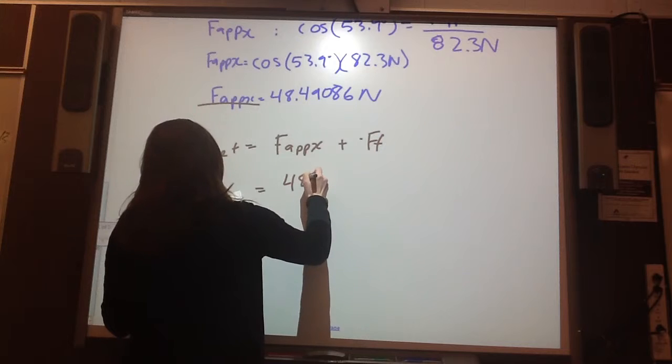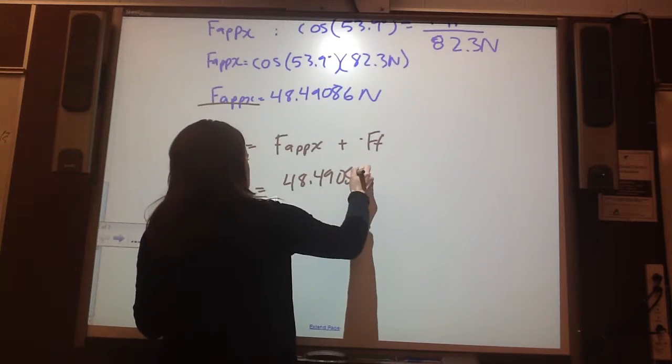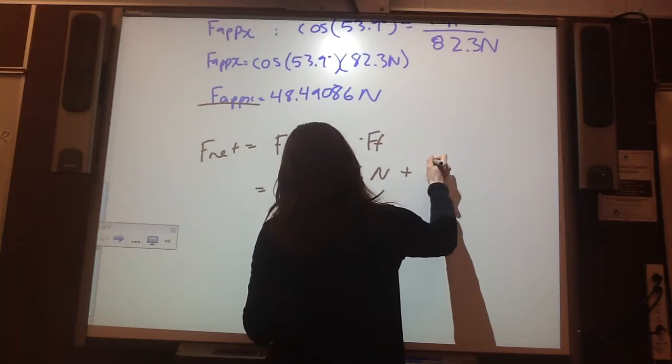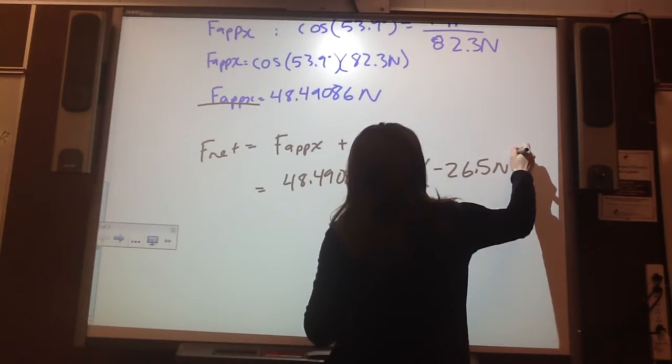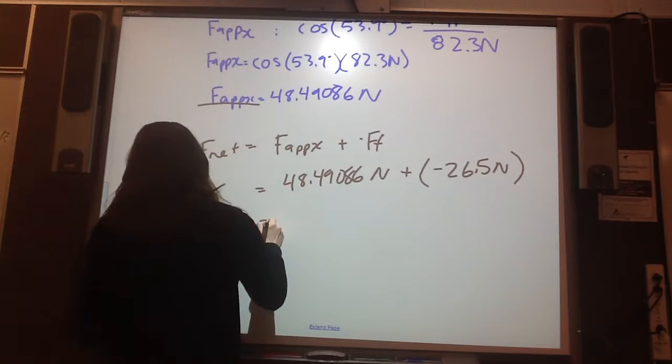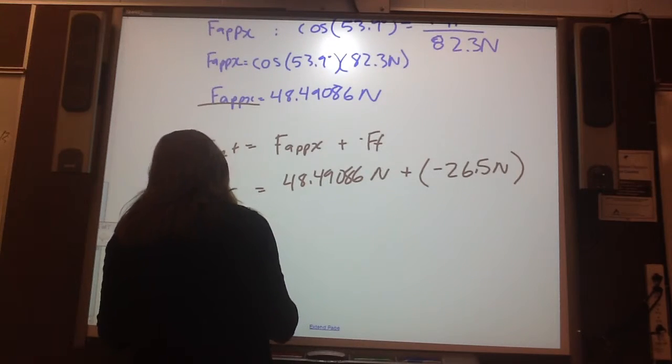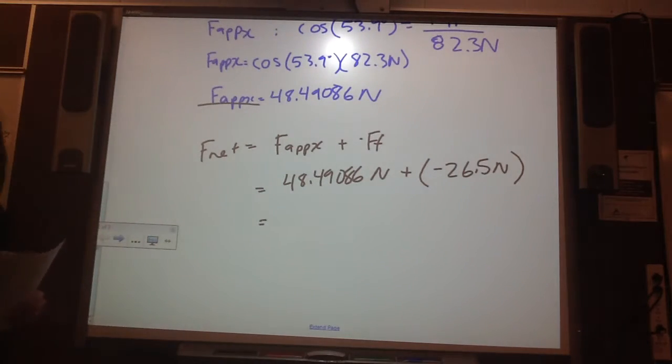So 48.49 plus negative 26.5. What does that equal to?